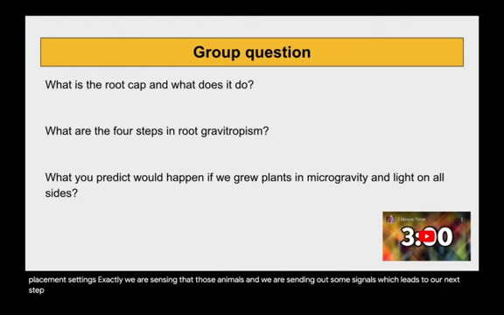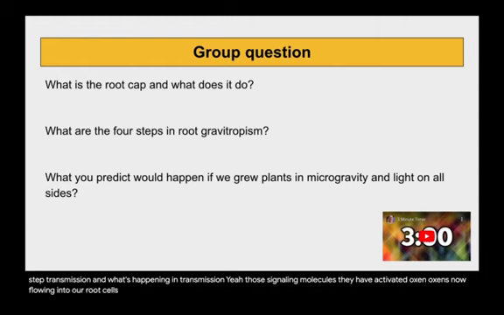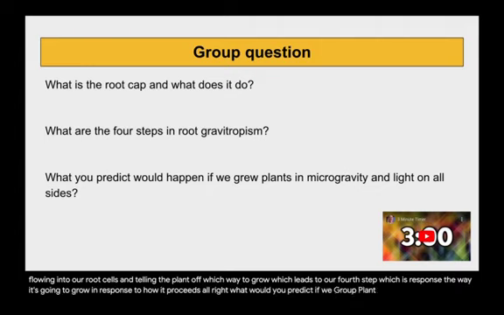Transmission. And what's happening in transmission? The auxin is getting activated. Yes, those signaling molecules have activated auxin, right? Auxin is now flowing into our root cells and telling the plant which way to grow, which leads to our fourth step, which is response. Yes, response, the way it's going to grow in response to how it perceives gravity. All right, what would you predict if we grew plants in microgravity and with light on all sides?